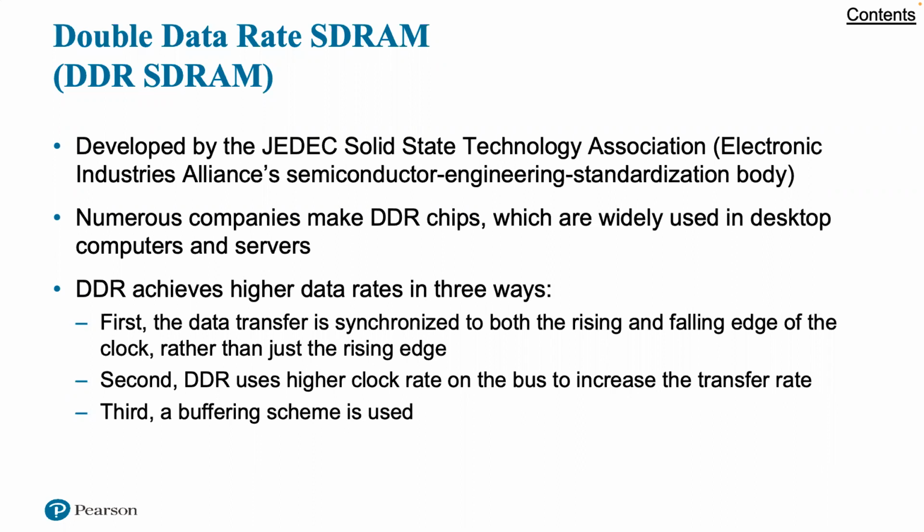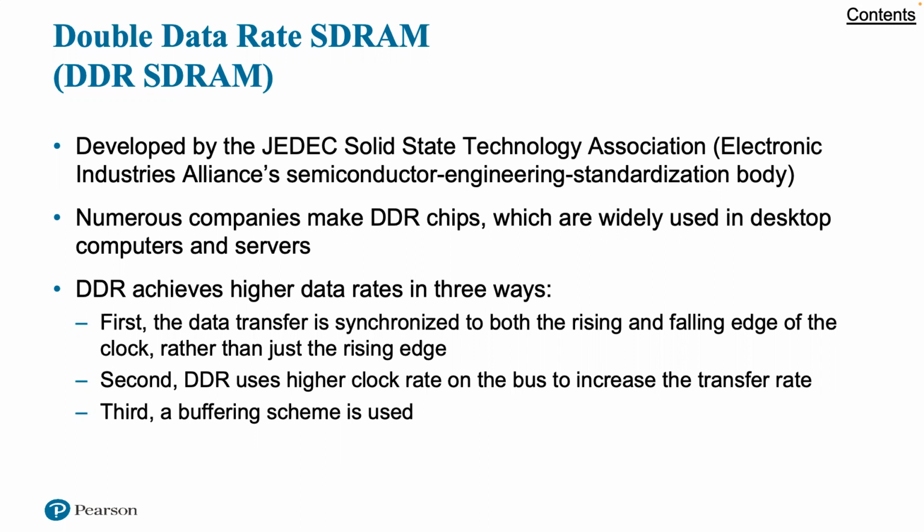Although SDRAM is a significant improvement on asynchronous RAM, it still has shortcomings that unnecessarily limit the I/O data rate that can be achieved. To address these shortcomings, a new version of SDRAM, referred to as double data rate DRAM or DDR RAM, provides several features that dramatically increase the data rate.